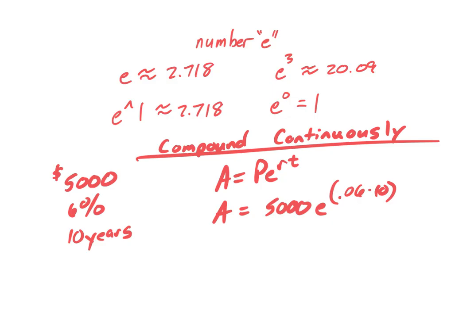So if we go 5,000, and then you're going to use e to the power.